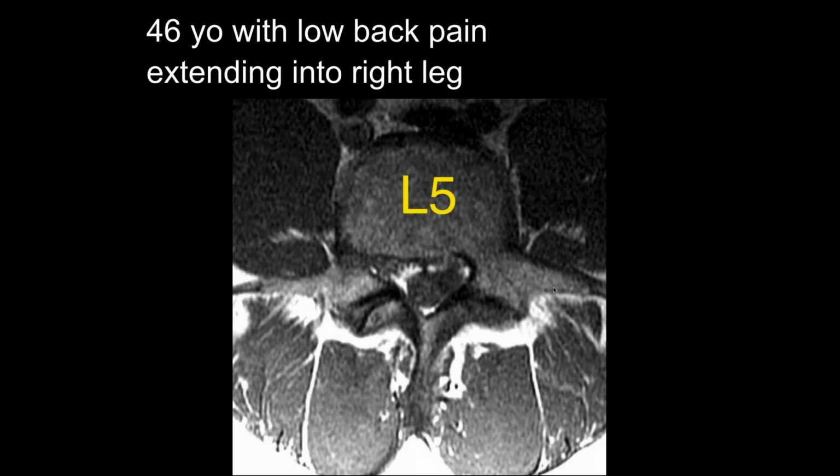All right. Thomas, what do you think of this case? 46-year-old with low back pain extending into the right leg. So the thecal sac is displaced towards the left side. Here's the next cut.